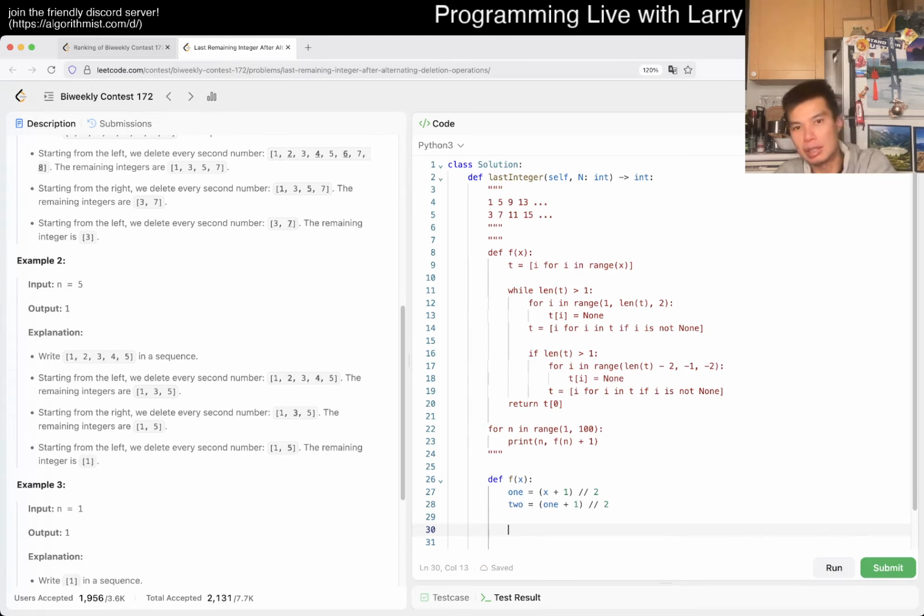So if x is, okay, so and multiples of 4, right? So if x mod 4, I'm trying to think about even numbers as well.